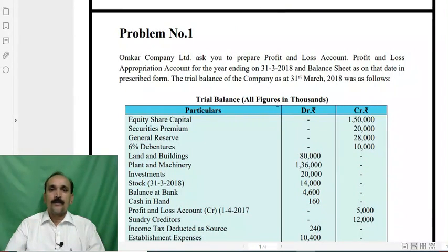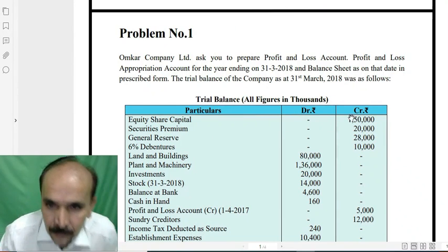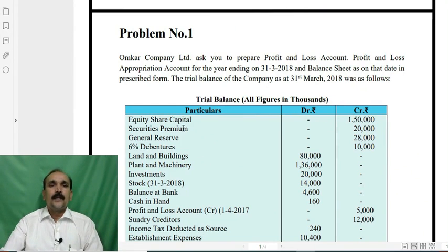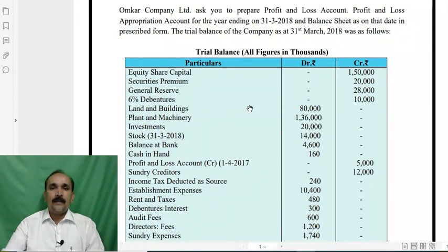Trial balance, all figures in thousand. Particulars, debit, credit. Equity share capital, credit balance 1,50,000. Security premium, credit balance 20,000. General reserve, credit balance 28,000. 6% debentures, credit balance 10,000. Land and building, debit balance 80,000.